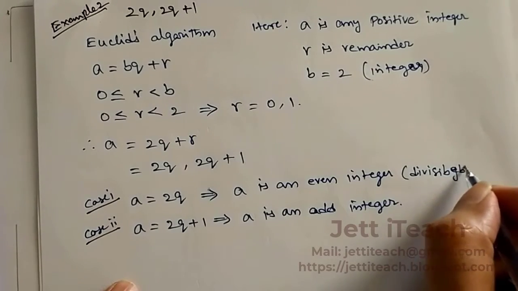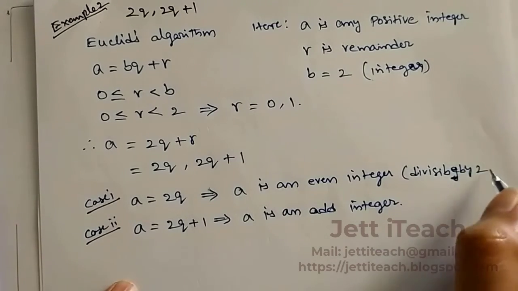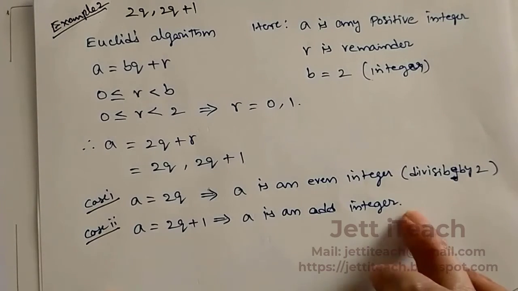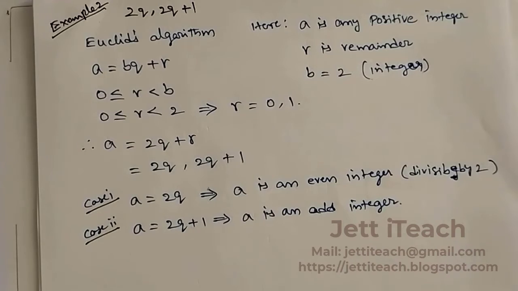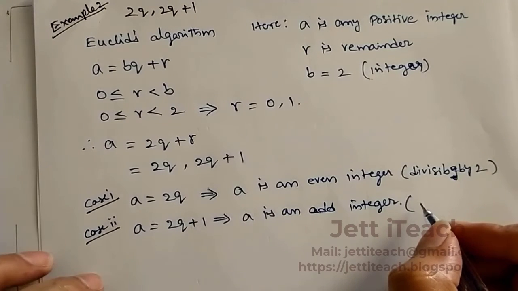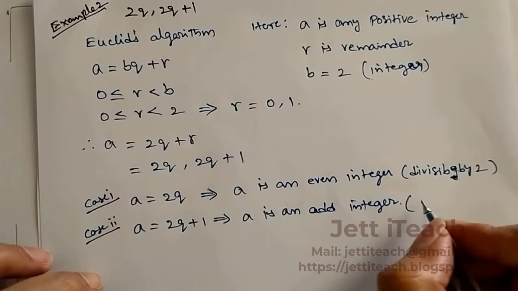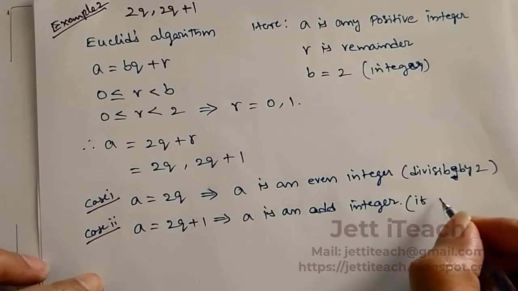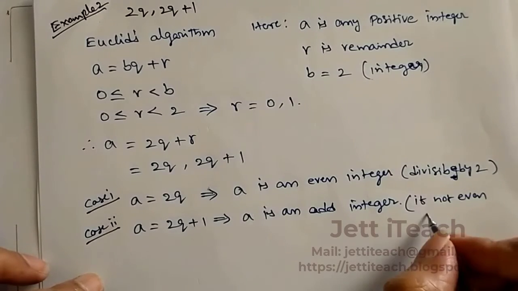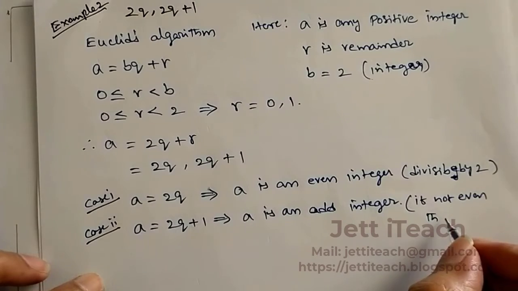If it is not even, then obviously it's odd.